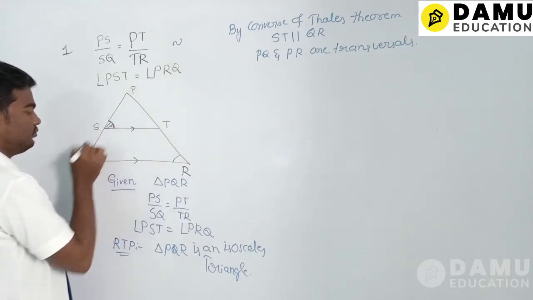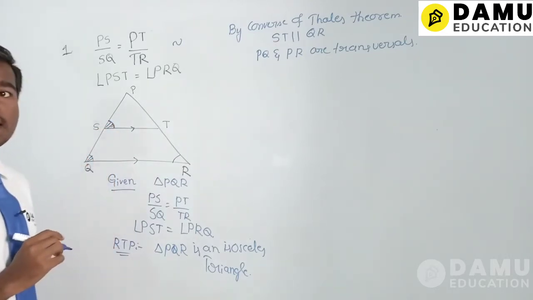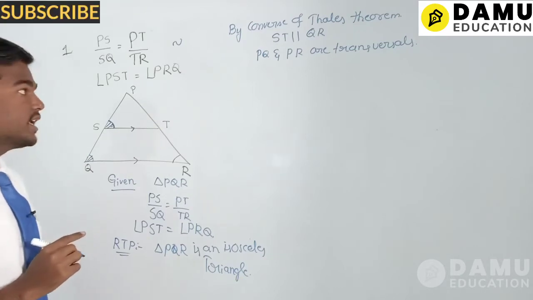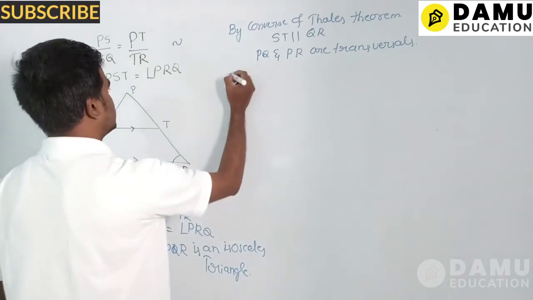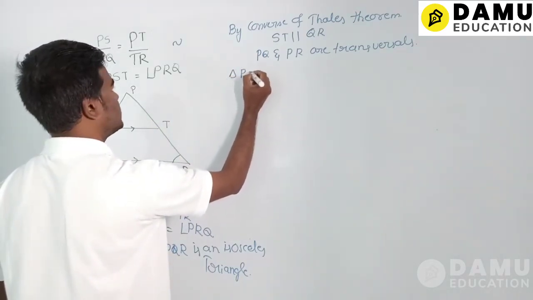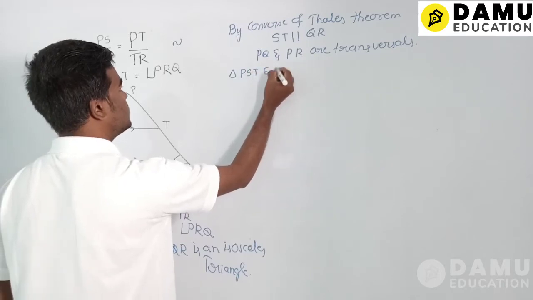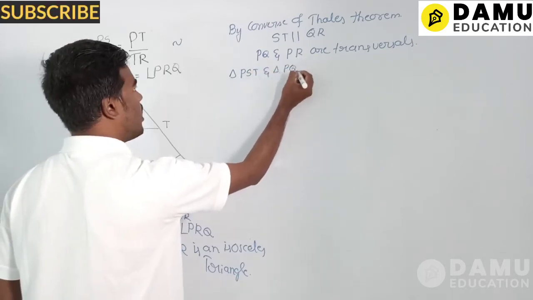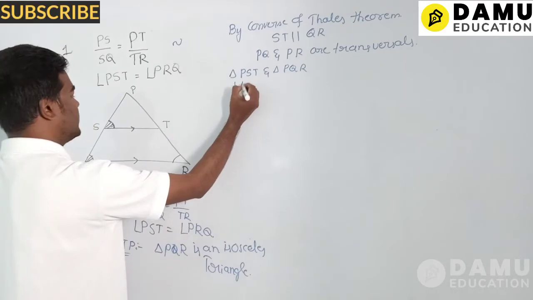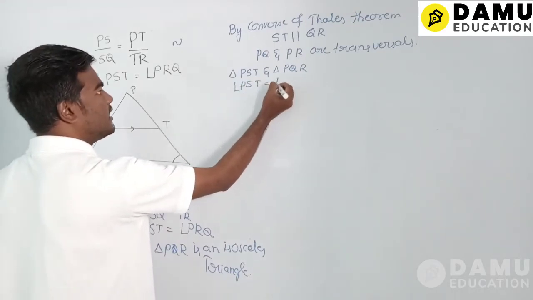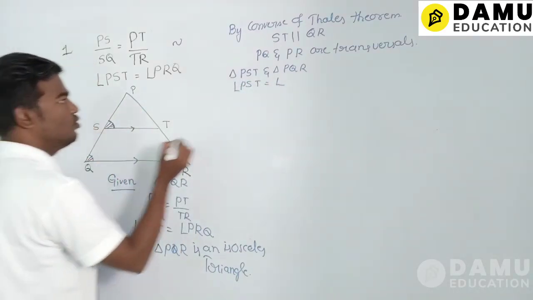These two angles are equal by corresponding angles. In triangle PST and triangle PQR, we can write angle PST is equal to angle PQR.